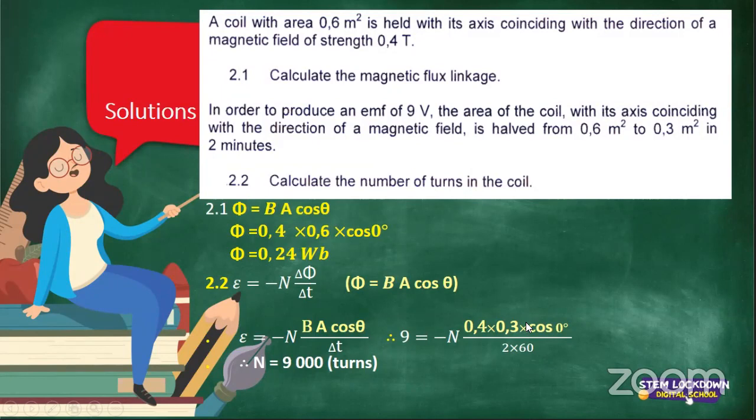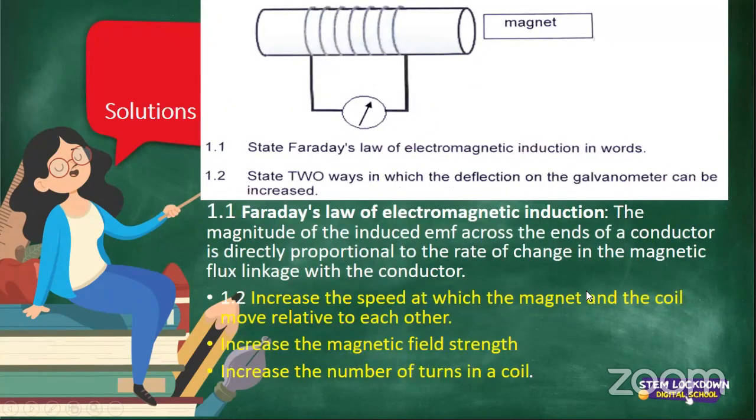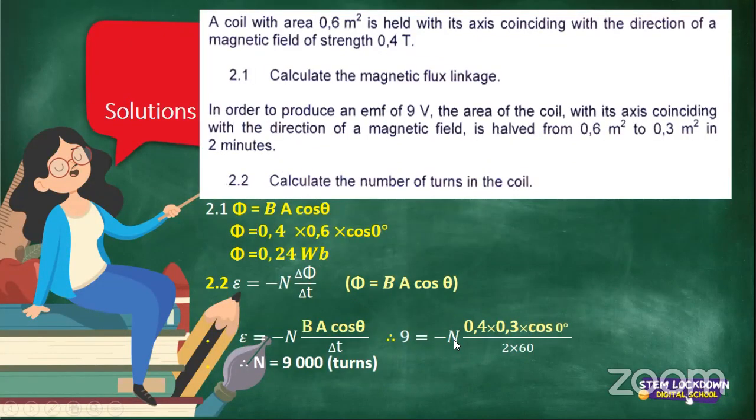So now if you calculate, the number of turns here is what we are looking for. We have substituted B, which is 0.4, and the change in the area, 0.3, all of which represents the change in magnetic flux. And then you should be getting your answer to be 9,000 turns. Right.